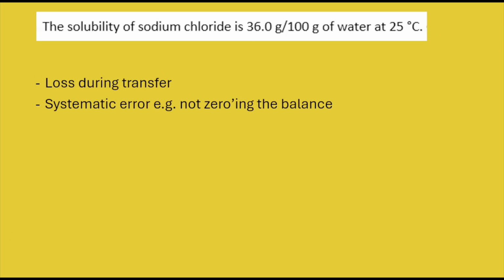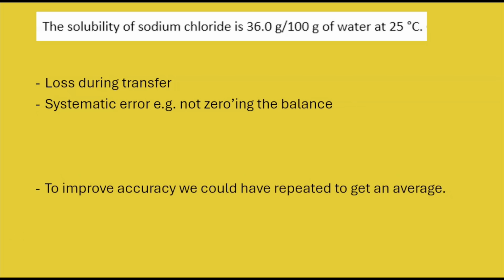We might have had a lower solubility because we might have had loss during transfer. We might have had some sort of systematic error, like not zeroing the balance before. And a suggestion would be, to improve our accuracy, we could have repeated this experiment and taken an average, because often that helps us get closer to the true value.